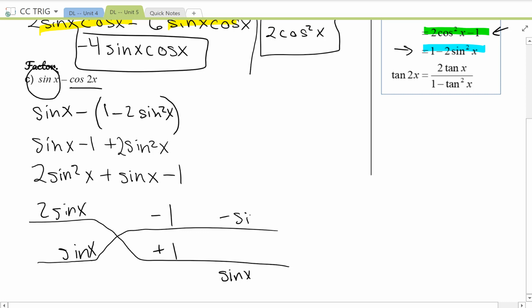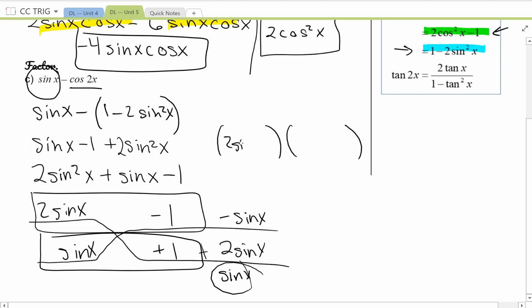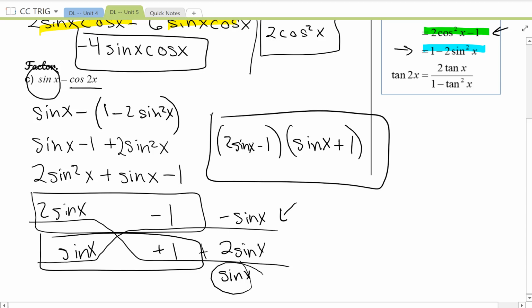Sine x times negative 1 is negative sine x. 2 sine x times positive 1 is 2 sine x. When you add these, yes, you get sine x, the middle term, so you have factored correctly. The factors are top row times bottom row. So 2 sine x minus 1 times sine x plus 1. Remember, this over here was just our check.